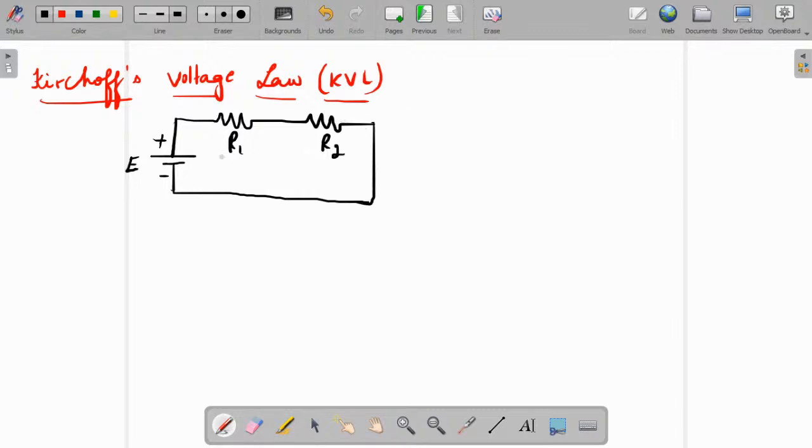Let us assume some current I is flowing here. So I times R1 plus I times R2, same current flows, these two are in series, equal to potential E. Voltage drop is equal to voltage rise. So this is all about KVL and KCL.